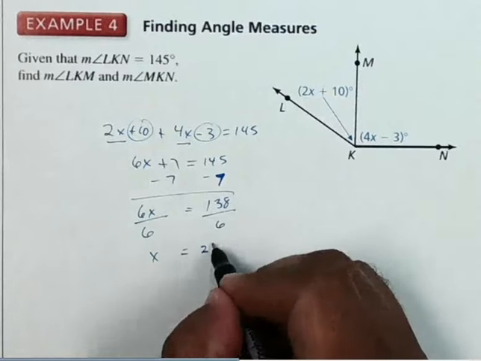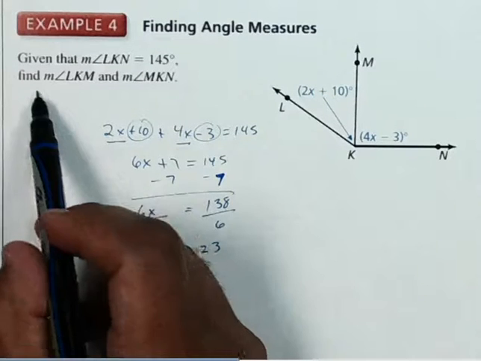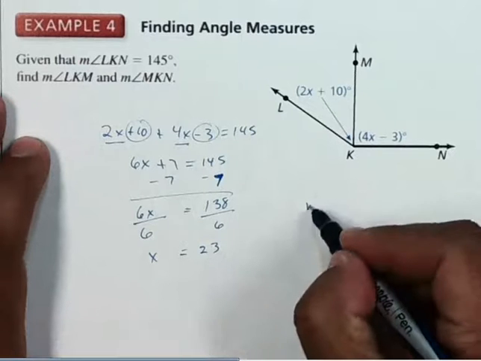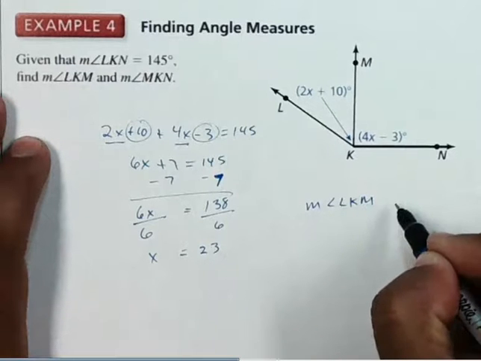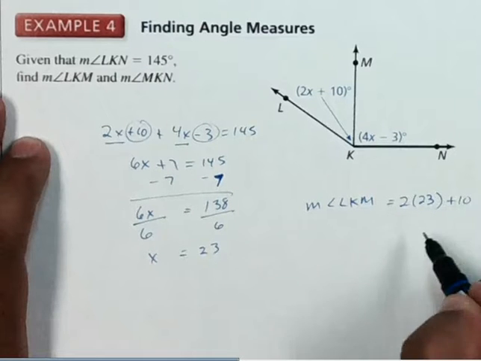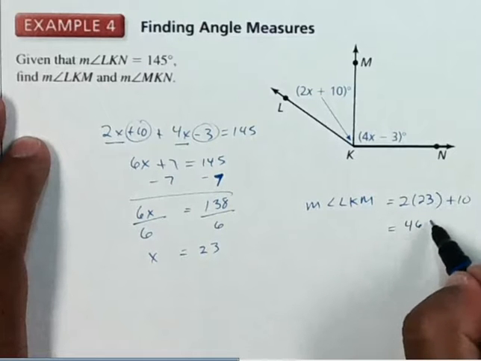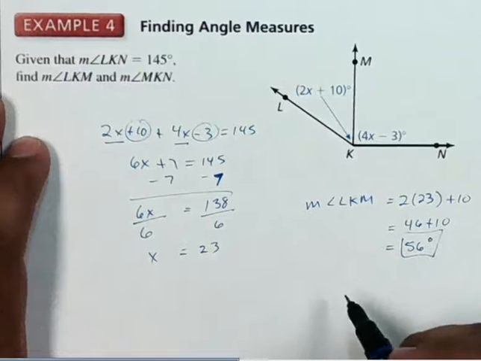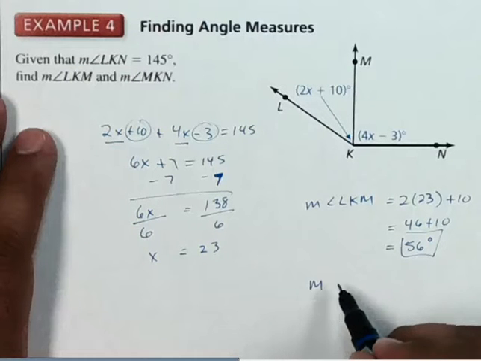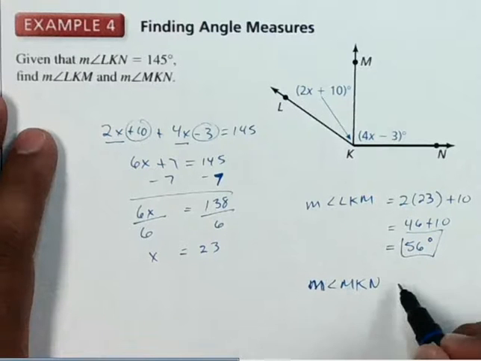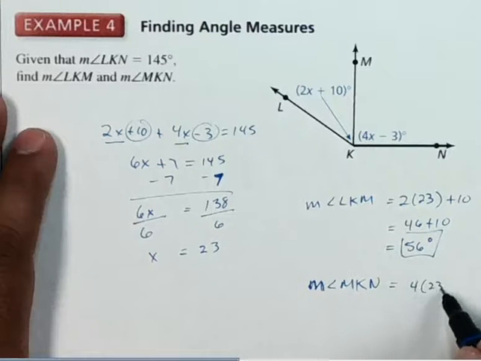23. Now notice again, I'm not done because it's actually asking me for the angle measurements, but I need x so that I can substitute. So the measure of angle LKM is going to be equal to 2 times 23 plus 10, which comes out to be 46 plus 10, which would be 56 degrees. Okay, and then for the other one, the measure of angle MKN, it's going to be 4 times 23 minus 3.